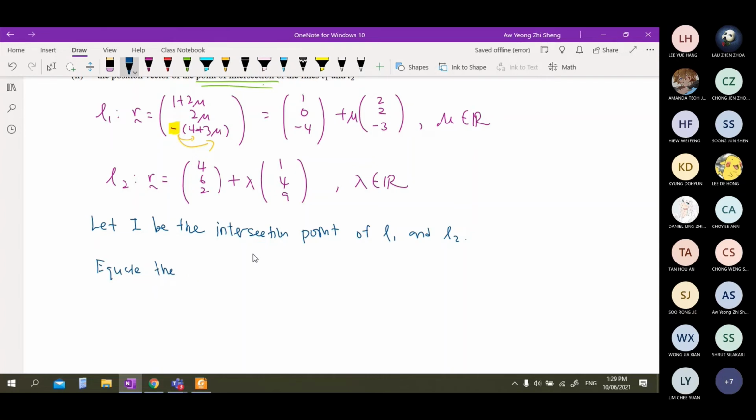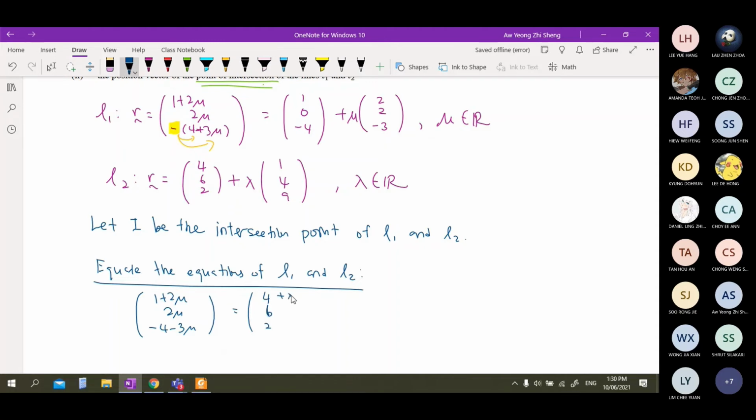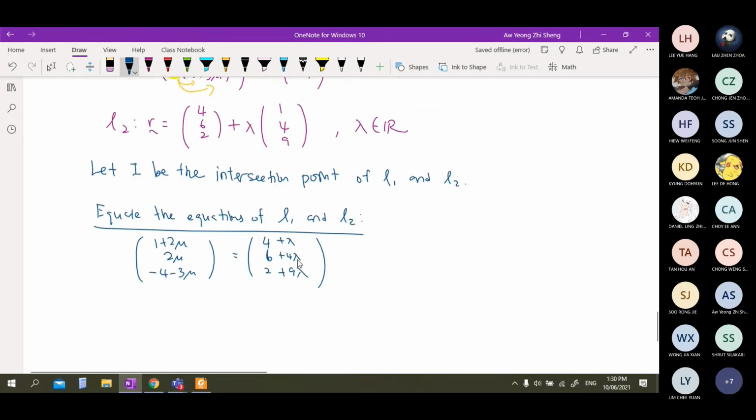Equate the equations of L1 and L2: (1 plus 2 mu, 2 mu, minus 4 minus 3 mu). Then we get three equations as usual.